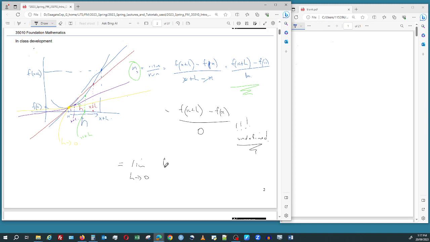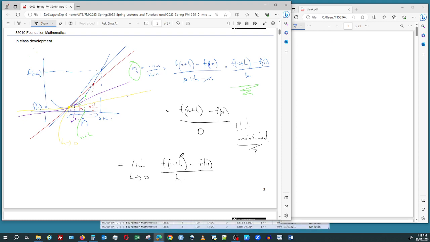So that means that in our explanation, we're never going to become undefined because h never becomes 0. So this was one of the great moments in mathematical history for differential calculus. H never becomes 0. Okay?